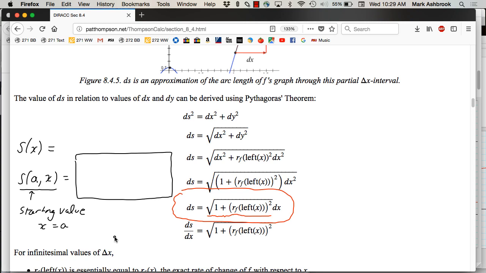Okay, volunteer. Anyone think they got it? Somebody new. Yes, sir. Integral from a to x.